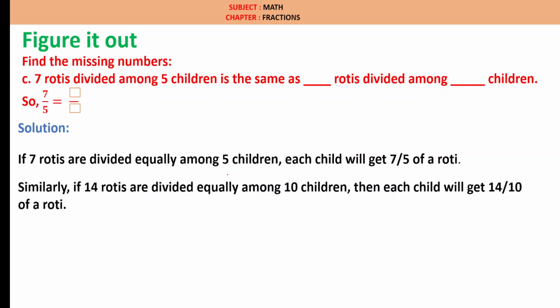If 14 rotis are equally divided among 10 children, each will get 14/10. Similarly, if 21 rotis are divided among 15 children, each will get 21/15 also. This is also an answer. So thus 7/5 is equal to 14/10.